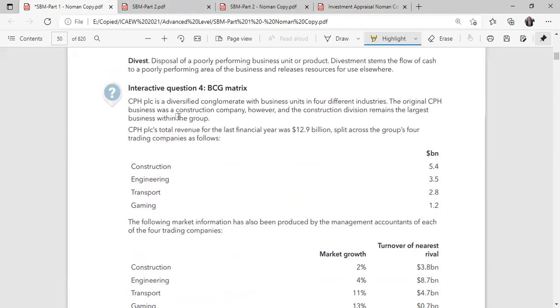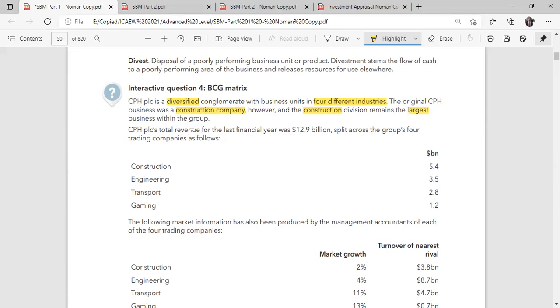CPH PLC is a diversified company with business units in four different industries. The original CPH business was a construction company, and the construction division remains the largest business within the group. So different divisions, different businesses, but construction is the largest proportion of the business.